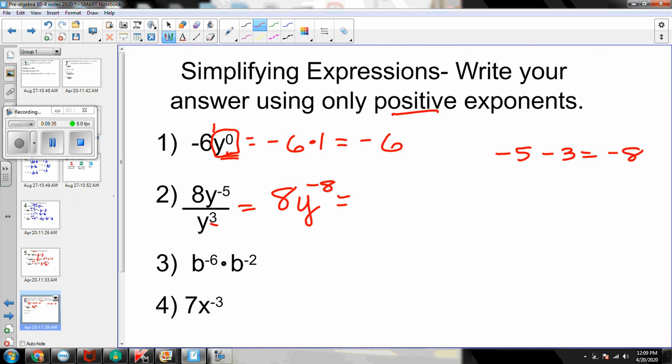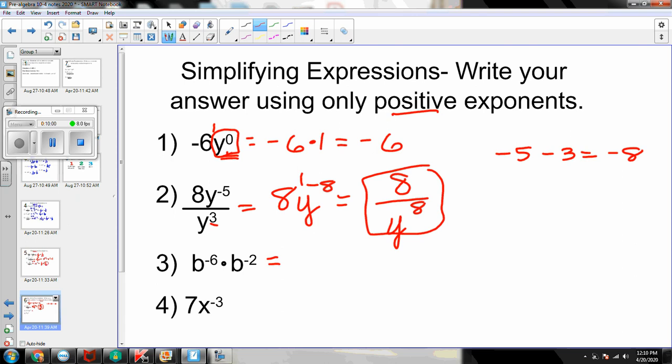So I'm going to move this y to the 8 to the denominator. Remember, when I move it, the exponent now is a positive 8. But this 8 is really to the first power, so it doesn't move. 1 is a positive number. The 8 stays. They only move when the exponent's negative. So my final answer would be 8 over y to the 8th.